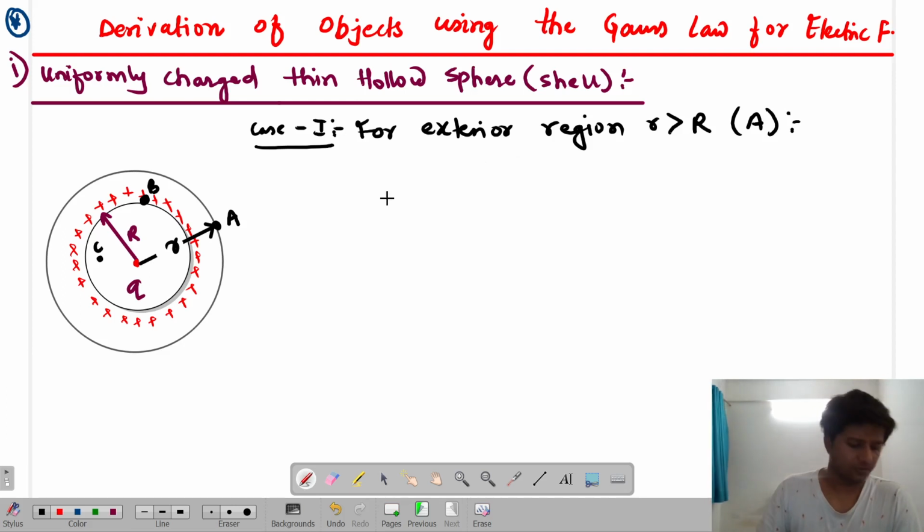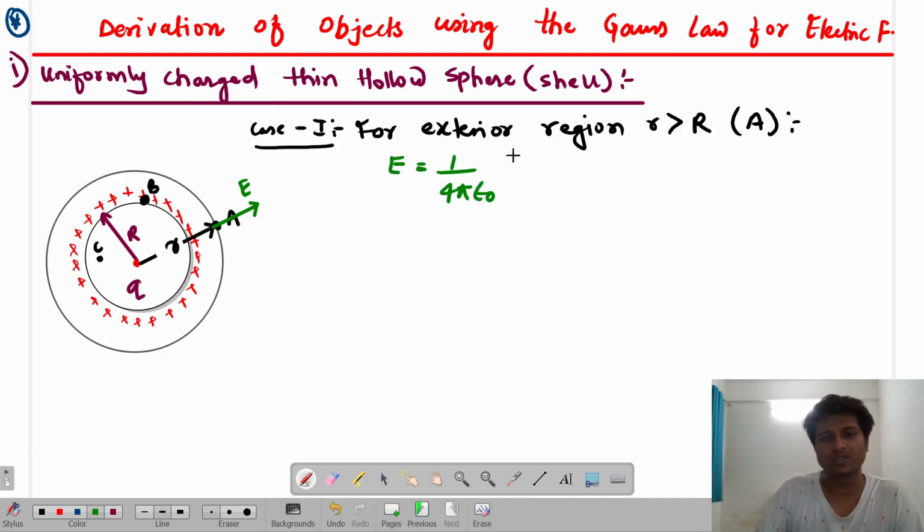Now simple, for this, what will be the electric field? अब ध्यान से देखा जाए तो due to this charge, the electric field will be in this direction. Correct, isn't it? And the electric field at A will be how much? Simple. E will be equal to 1 by 4 pi epsilon naught Q by r square.